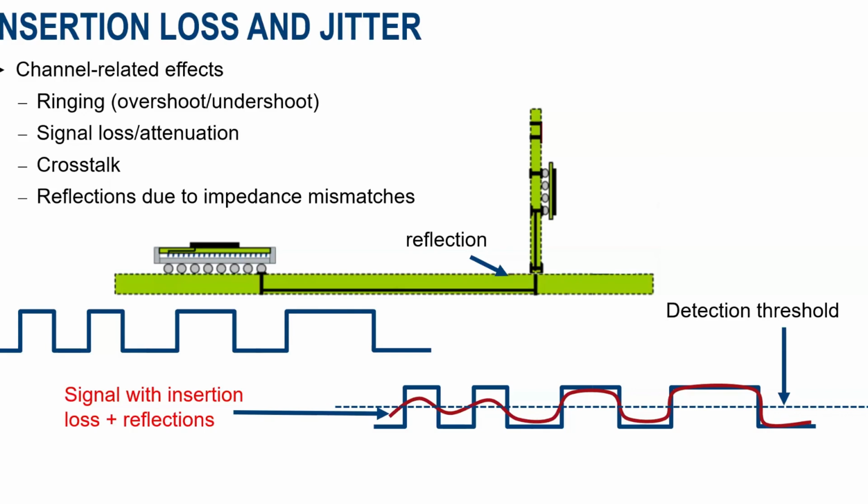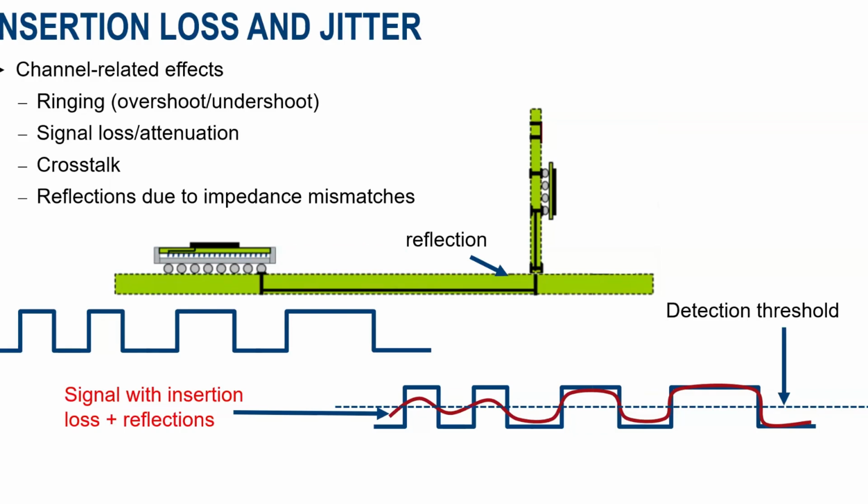Even if you do match impedances very well, there could still be reflections due to some impedance mismatches. And then in some cases with connectors, you might have even a bigger problem maintaining a consistent impedance across the trace.